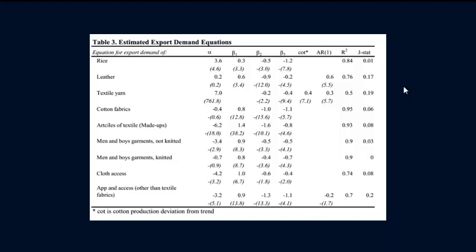Of course, these are a bit obsolete in the sense that these were estimated in 2010, and there are some other questions that you could ask about whether these are valid equations or not, but I just wanted to give you an idea about the export equations.